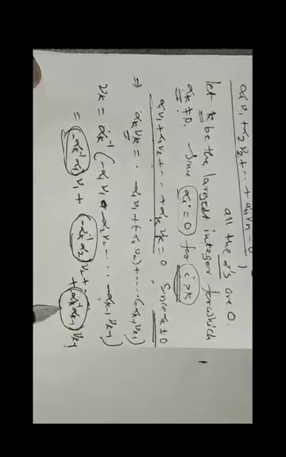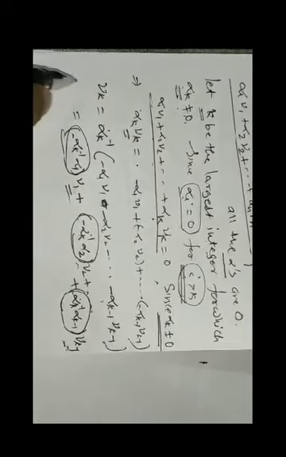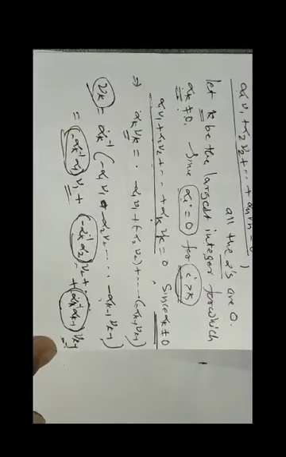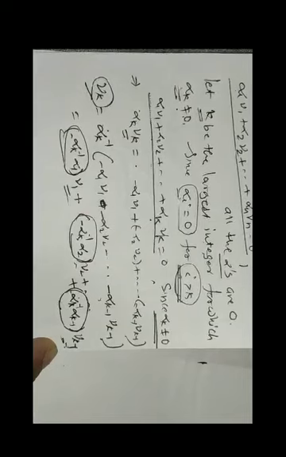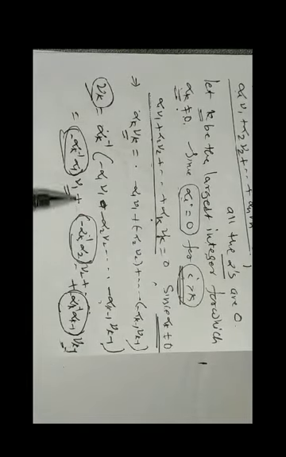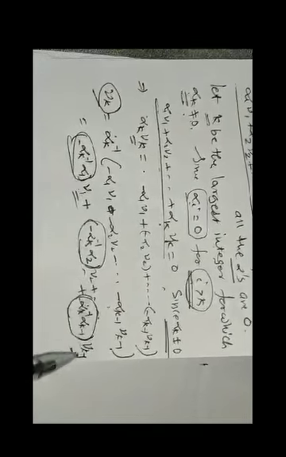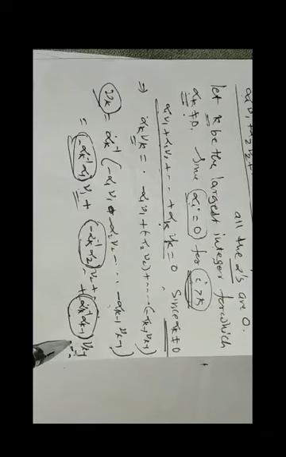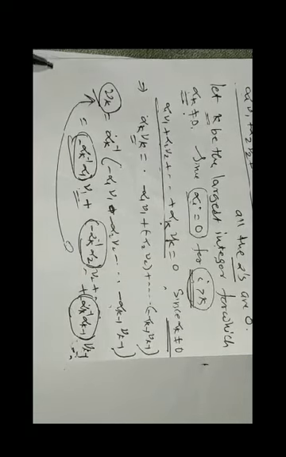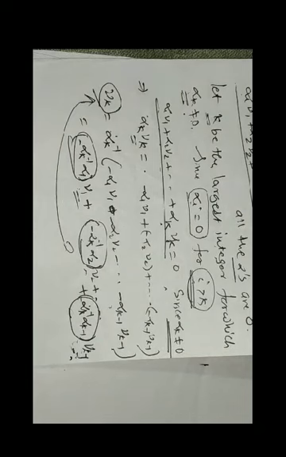So all these are constants, and there are v1, v2 to v k minus 1. So these vectors v1, v2 to v k minus 1 form a linear combination and it represents vk.